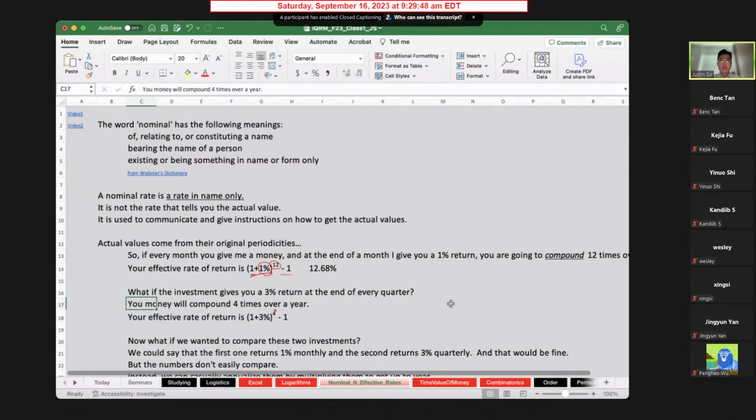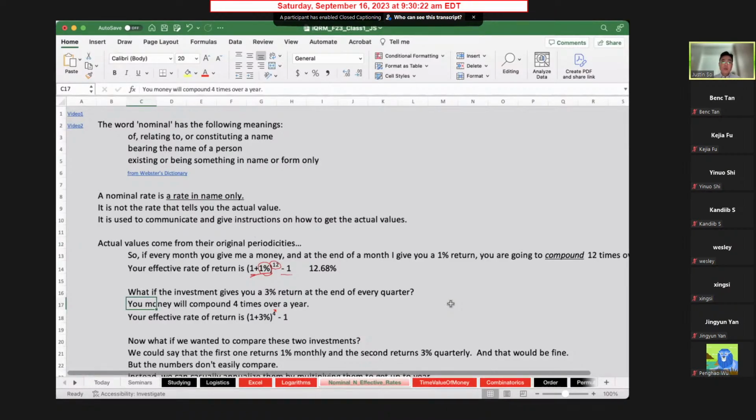So quarter, 4 times a year. So 3% per quarter, and that translates into 12% a year in a nominal rate. So this is what nominal rate actually means. The first investment also has a nominal rate of 12% because 1% per month, and you simply multiply the number of periods for the year to calculate a nominal rate.